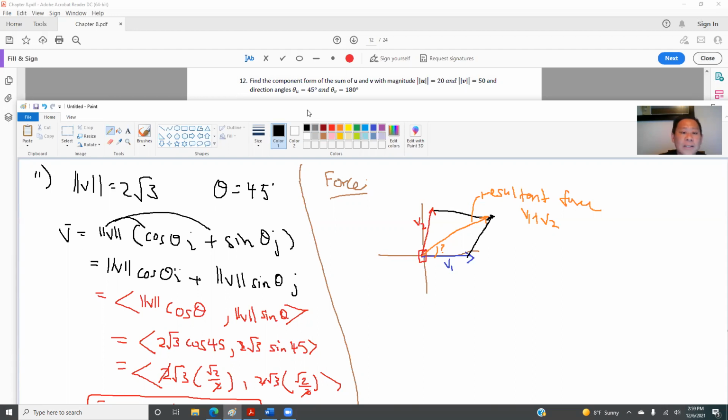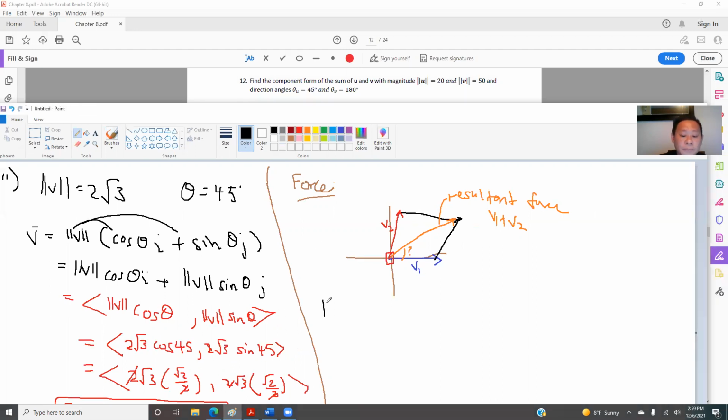So the question in this case is number 12. You need to find the component form of the sum. Given that the magnitudes are 20 and 50, if I want to draw the picture, the angle for vector U, which is 20, is 45.